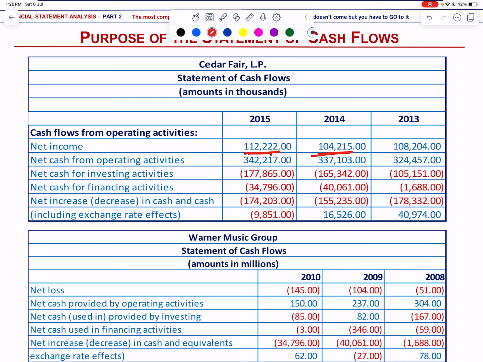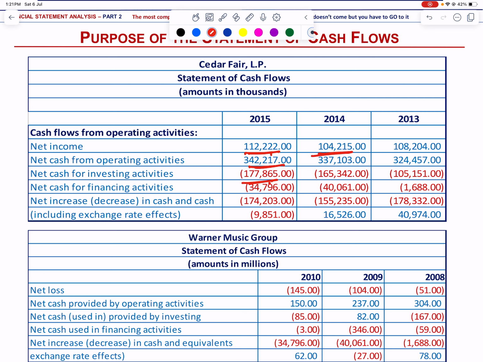The company generates substantial cash flows from its core operations, totaling 342 million in the year 2015. Cedar invests heavily in its parks, spending 178 million in the year 2015 to introduce new attractions and rides.